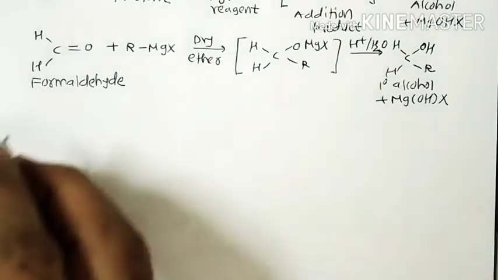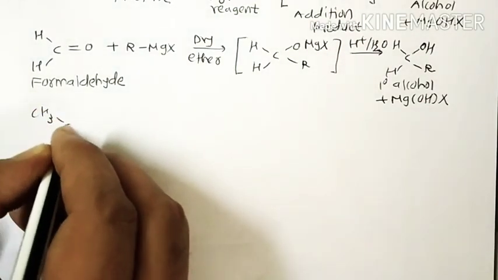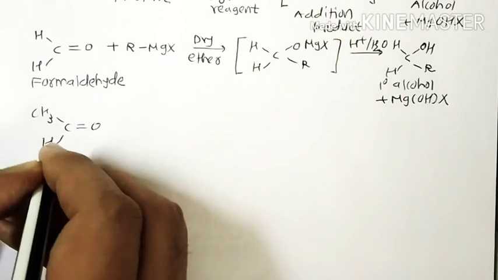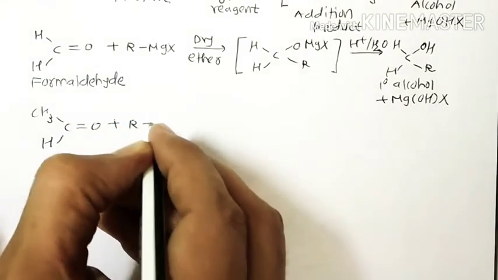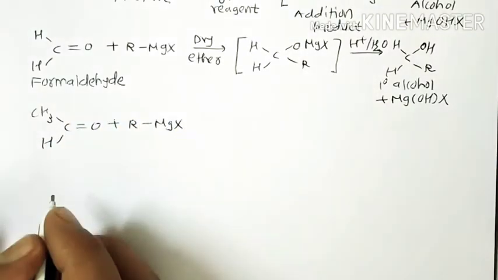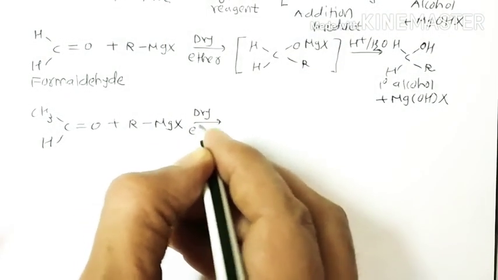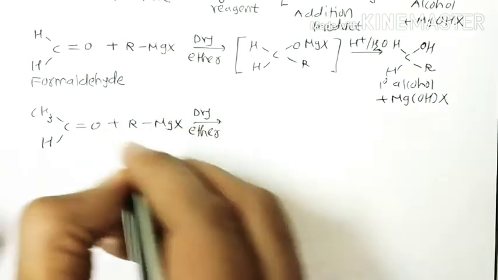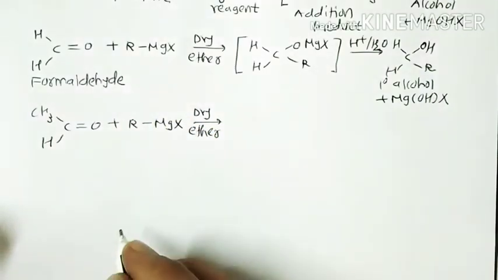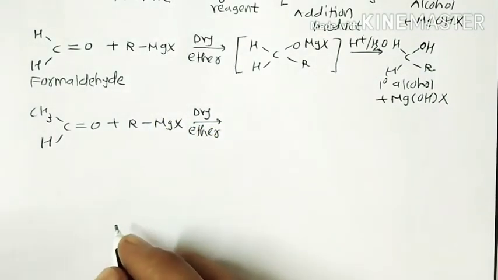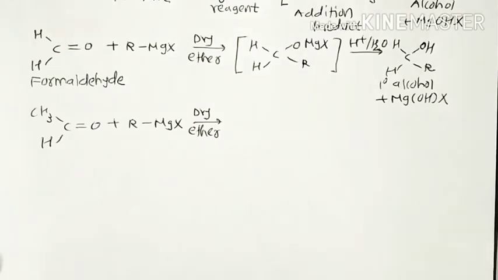Now we move to another case, CH3C double bond OH, which reacts with RMgX in the presence of dry ether. The presence of dry ether is compulsory due to the Grignard reagent: if there is any humidity, moisture or water, it definitely reacts with the Grignard reagent and converts it into the respective hydrocarbon.